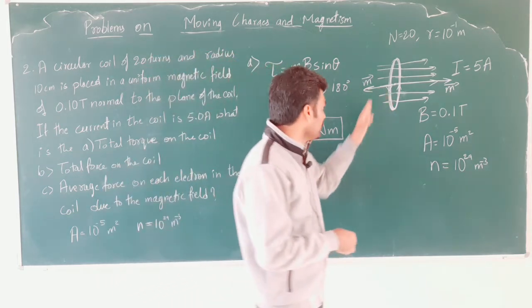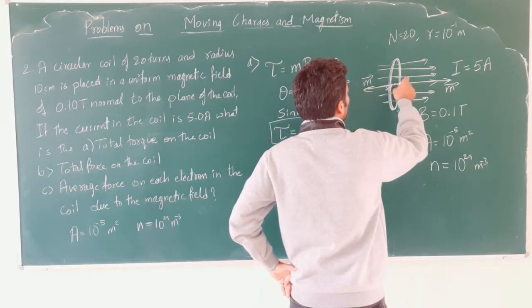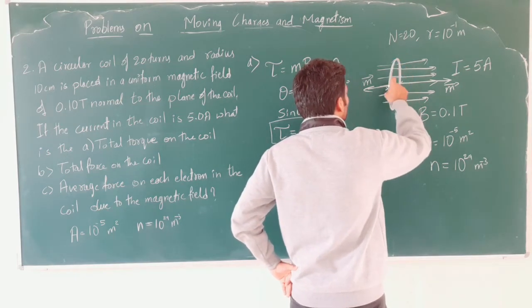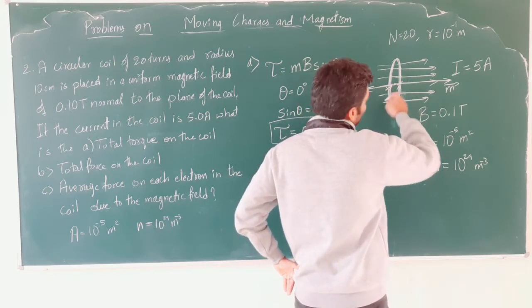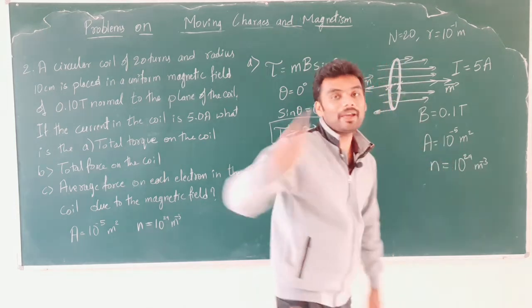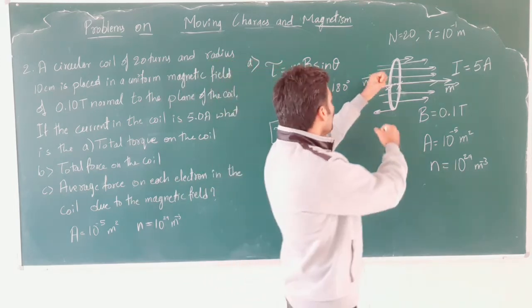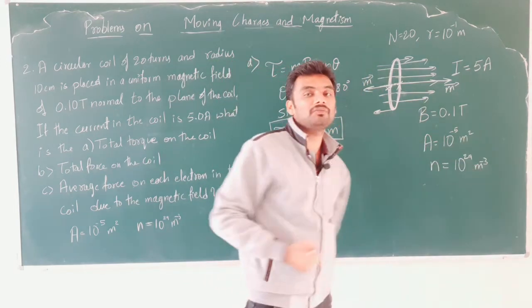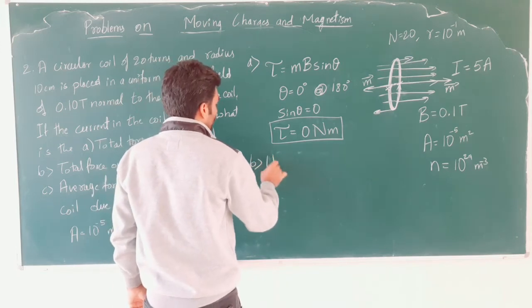In the same way here, half of the coil experiences a certain force in one direction, the other half of the coil experiences force exactly in the opposite direction, but the magnitude of force is equal, right? They are pulled and pushed with the same amount of force.